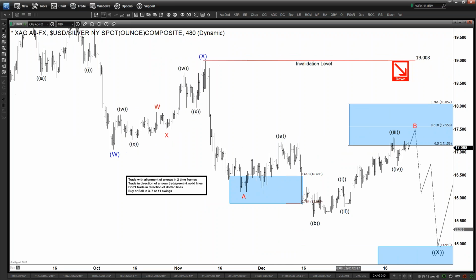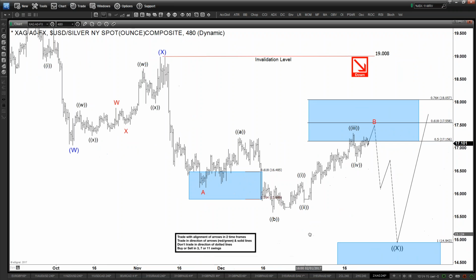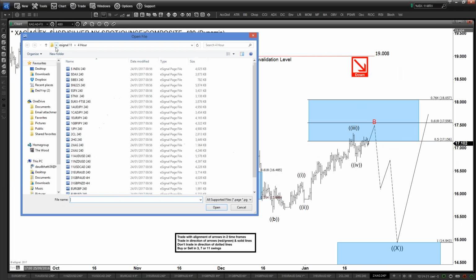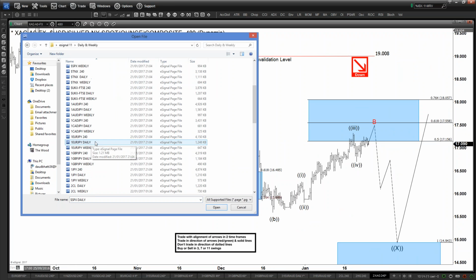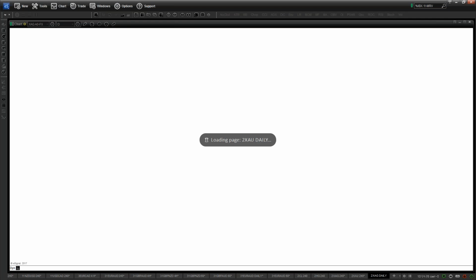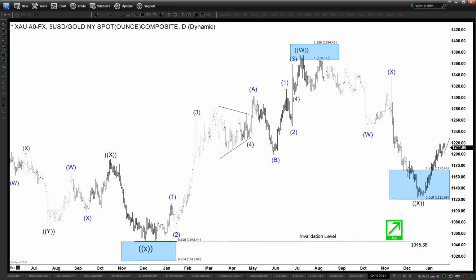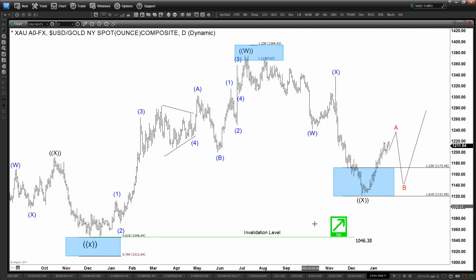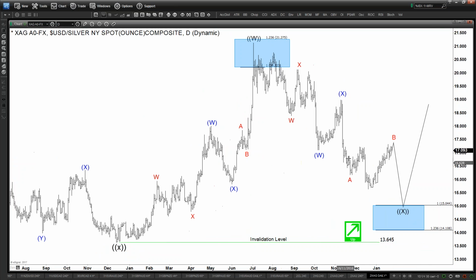Okay, silver, we're still leaving open the possibility of another low in silver. The reason being that, of course, we know gold has already reached equal legs from the July 2016 peak, but silver hasn't done that yet, and that's the reason why we have left the door open for another low in silver still, which can happen during this pullback in gold.